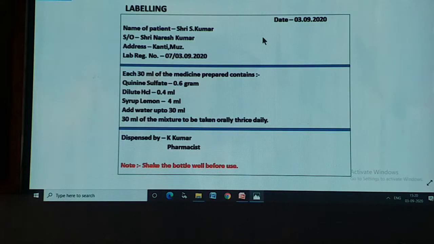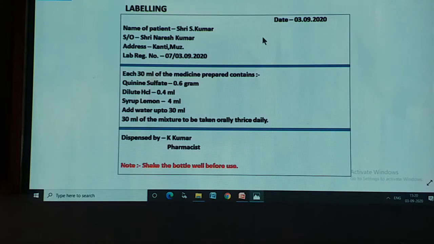Then come details about the medicine dispensed to the patient. Here each 30 ml of the medicine prepared contains quinine sulfate 0.6 gram, dilute HCl 0.4 ml, syrup lemon 4 ml, and add water up to 30 ml. 30 ml of the mixture to be taken orally thrice daily by the patient.